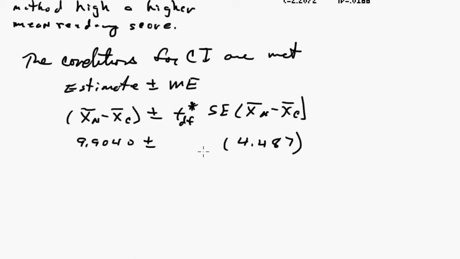So what is t with this many degrees of freedom? I'm trying to think, what did I do for this? Okay, so I get 2.026.